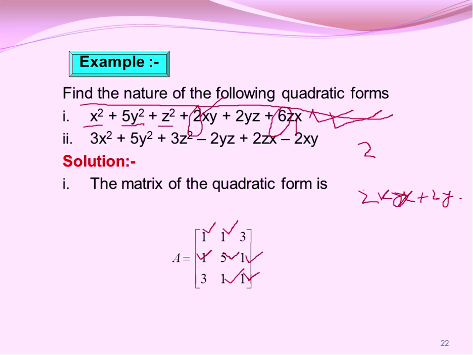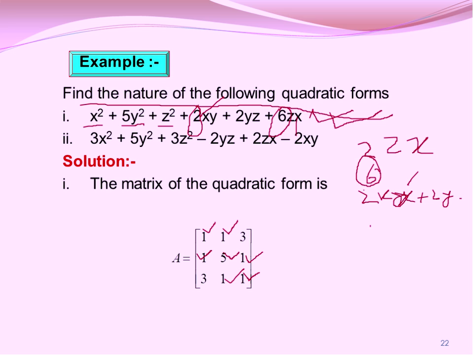Similarly, I move to yz and write its coefficient here. The coefficient of zx is 6, but our standard form is 2zx, and here it is written as 6zx.